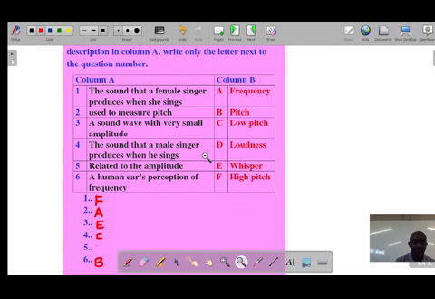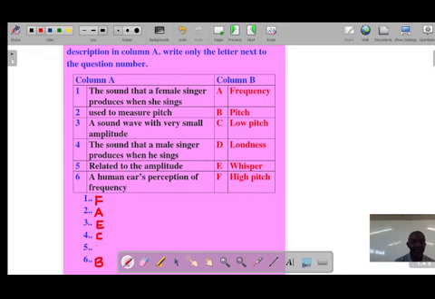Make it smaller. Okay, now they said that used to measure the pitch. Now pitch goes with frequency. That was A. That's frequency.